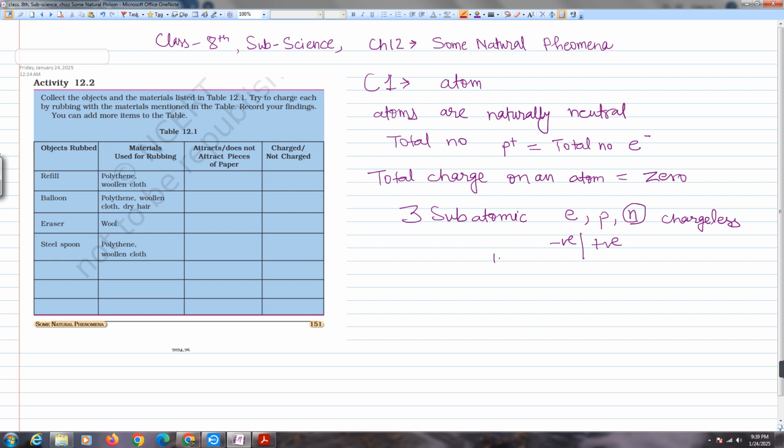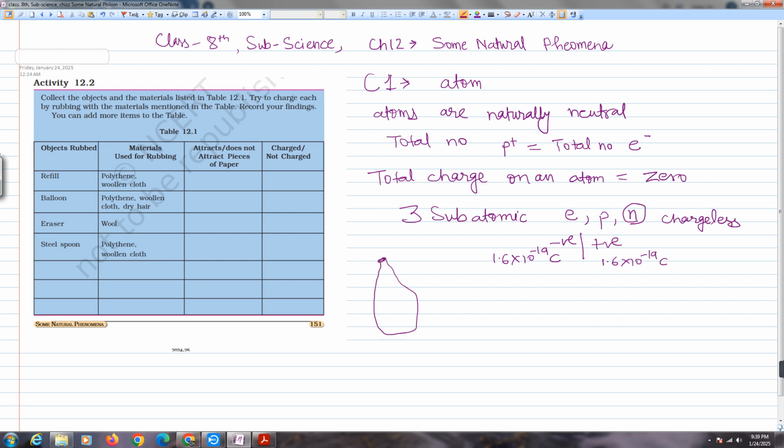On an electron the amount of charge is 1.6 × 10^-19 coulomb, and the type is negative. On a proton the amount is 1.6 × 10^-19 coulomb, and the type is positive.